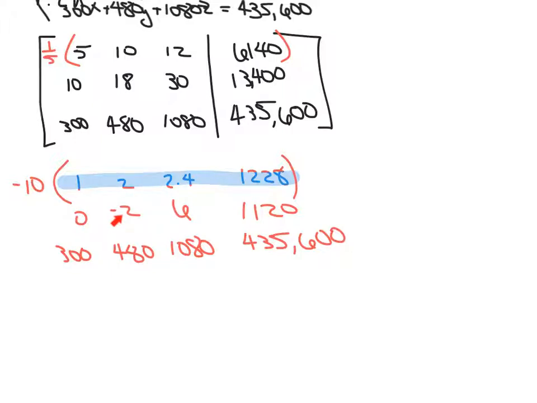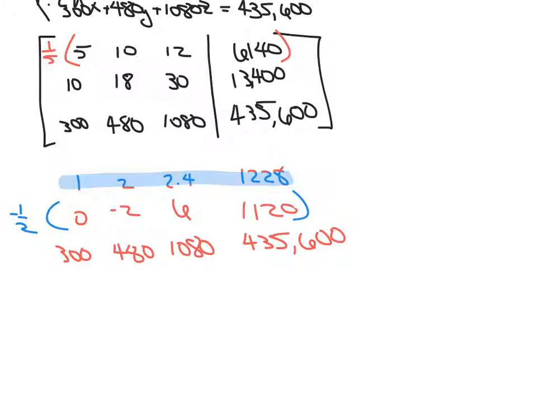What we'll do to make that a +1 is multiply this whole thing by -1/2. A -1/2 times a -2 will make this a 1. So let's erase some of this stuff here. We're going to multiply this whole thing by -1/2.